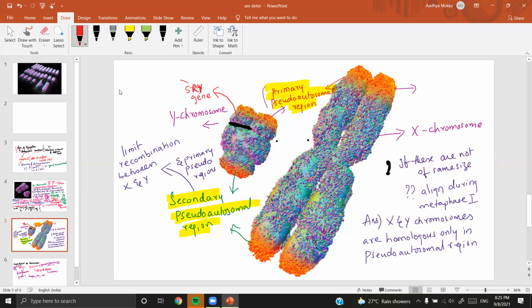This is the gene responsible for the male. It is called the male determining gene, because it turns on or helps in the development of the testes, which results in the production of testosterone, which actually helps in determining maleness in an individual.